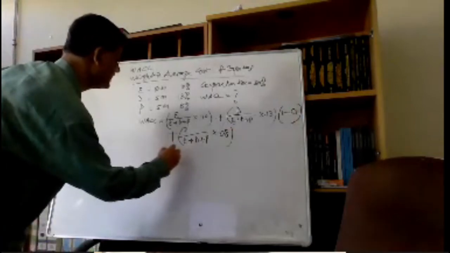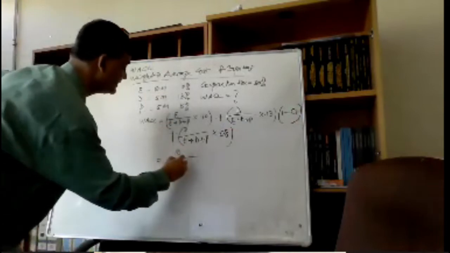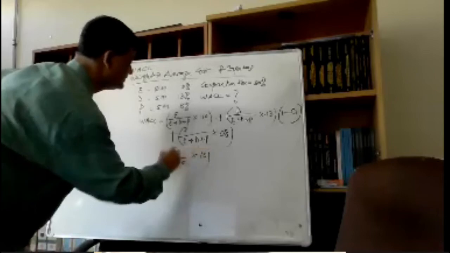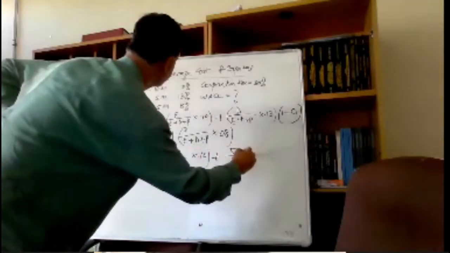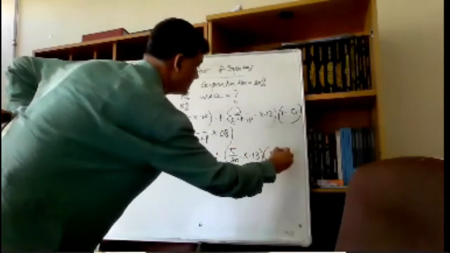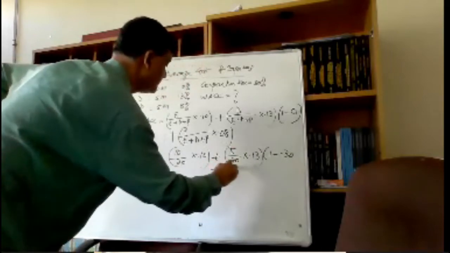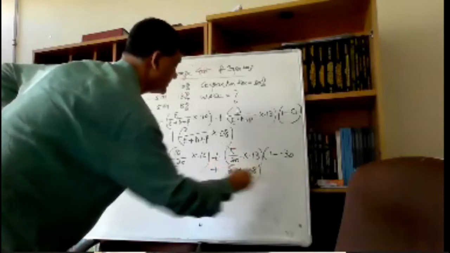So in this case, we have 10 million over 10 plus 5 plus 5, which is 20 million, multiply 0.10, plus 5 over 20 million multiply 0.13 multiply 1 minus 0.30, plus 5 over 20 multiply 0.08.